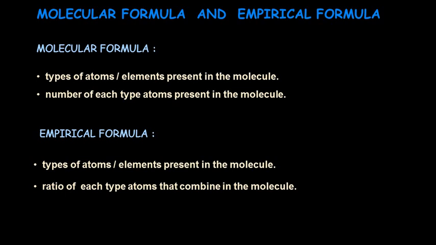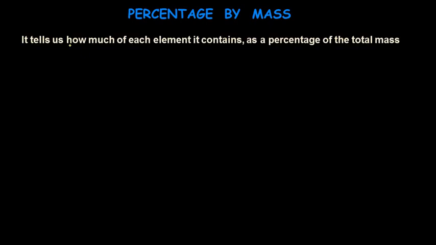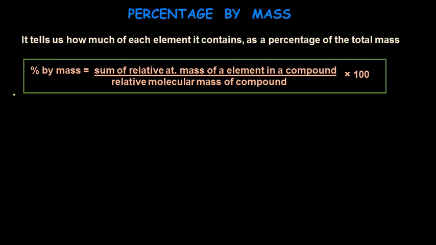But before that, let's see what percentage by mass is and how to calculate it. Percentage by mass tells us how much of each element is present in a compound as a percentage of the total mass. Now let's see this by understanding its formula.